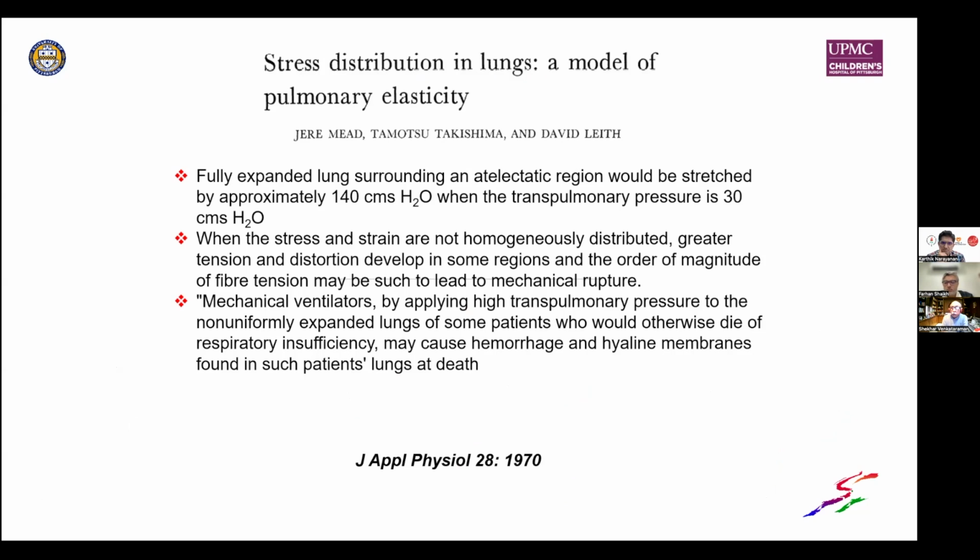So when we try to recruit the lung, or when we ventilate lungs that have significant atelectasis that may open and close during ventilation, the junctions may be subjected to much higher pressure than the actual ventilator pressures. Therefore, the distribution of the pressures in different regions of the lung may not be the same.